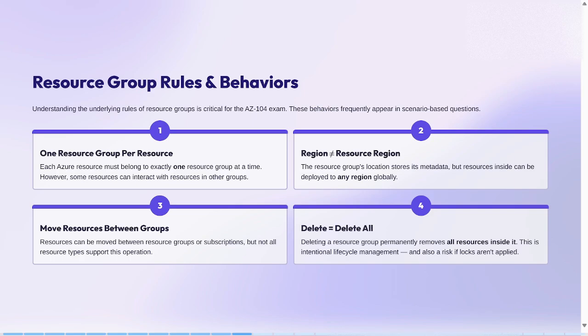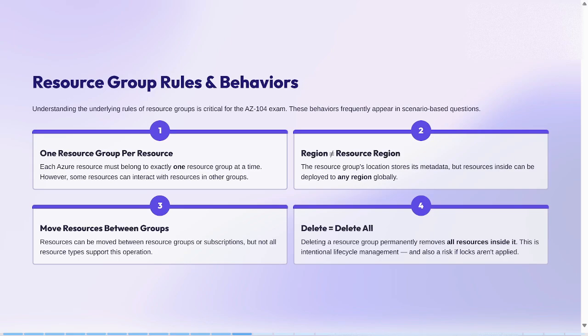Next, move resources between groups. Azure allows administrators to move resources between resource groups and sometimes between subscriptions. This is useful when reorganizing environments. For example, a development team may initially create resources in the wrong resource group. Later, administrators can move those resources to the correct resource group.